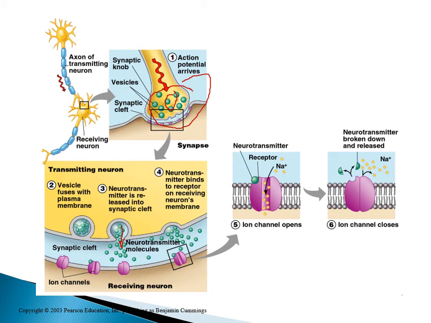So the receiving neuron will have receptors. These are proteins embedded in the membrane, and when the right neurotransmitter comes in contact with it, it causes a change. So you can see these two here are closed because no neurotransmitter has come in contact with them.